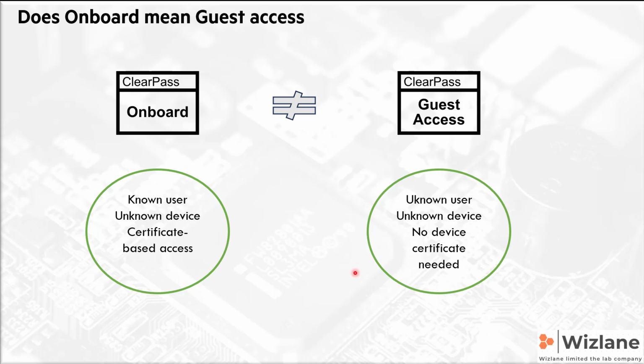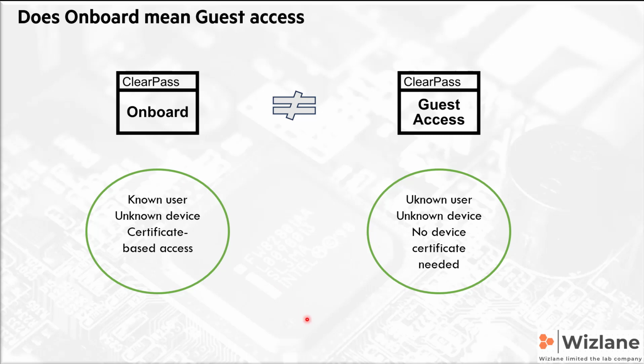Obviously, we did talk about guest access in a previous video. Guest access requires a public certificate to be installed on both the NAS device, like the access point or the controller, as well as on the guest server, which in this case is ClearPass. For the onboard, most likely we're going to use a certificate-based approach, but that will be an on-prem or private certificate.